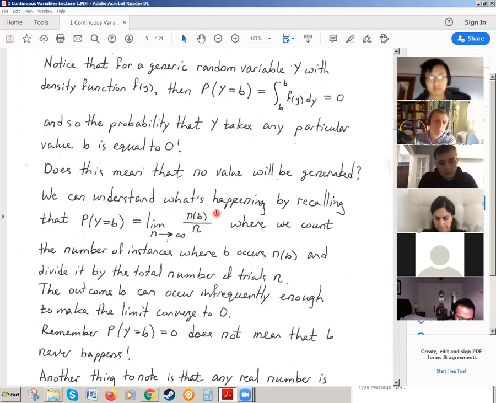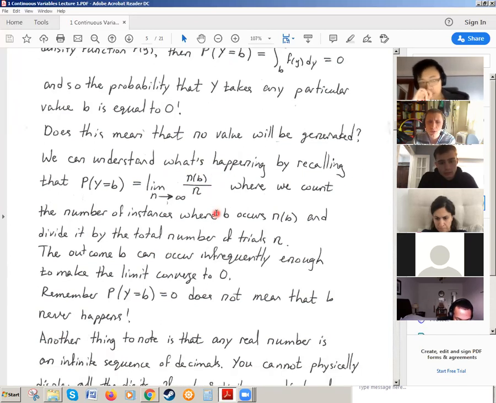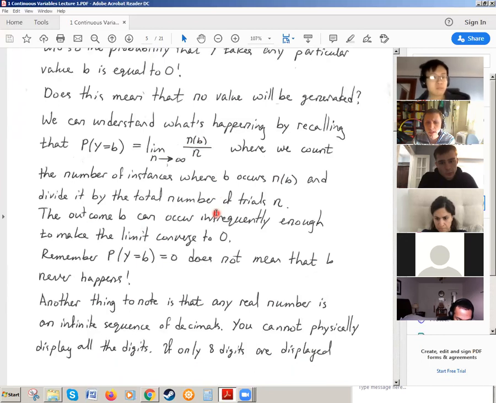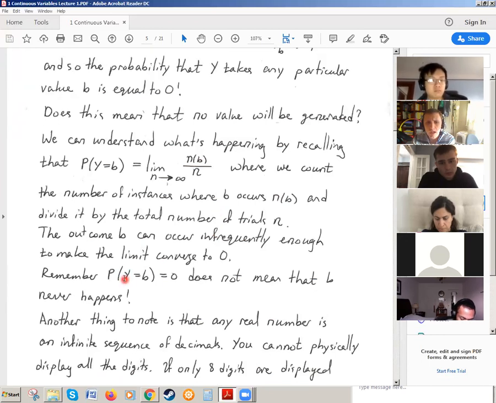But by the very setup, to figure out that y equals b, you have to have lots and lots of numbers matched, like Andrew suggested. So for example, every real number, if you think of 1/2, can be represented as 0.5 followed by infinitely many zeros.